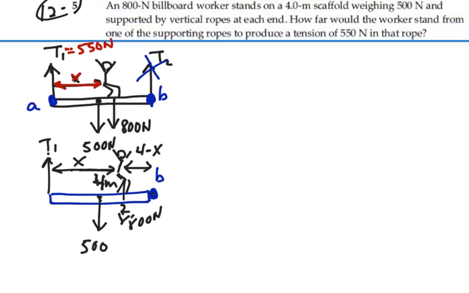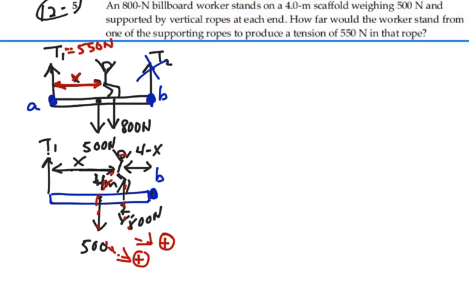Okay, now looking at this, we have 2 of these forces causing torques about point B that are going counterclockwise. This is trying to make this rotate counterclockwise about B, and so is the weight of the man. So both those torques are actually going to be positive torques by the right-hand rule. If you curl your fingers in a counterclockwise direction, your thumb will point out of the page, which would be a positive z direction.